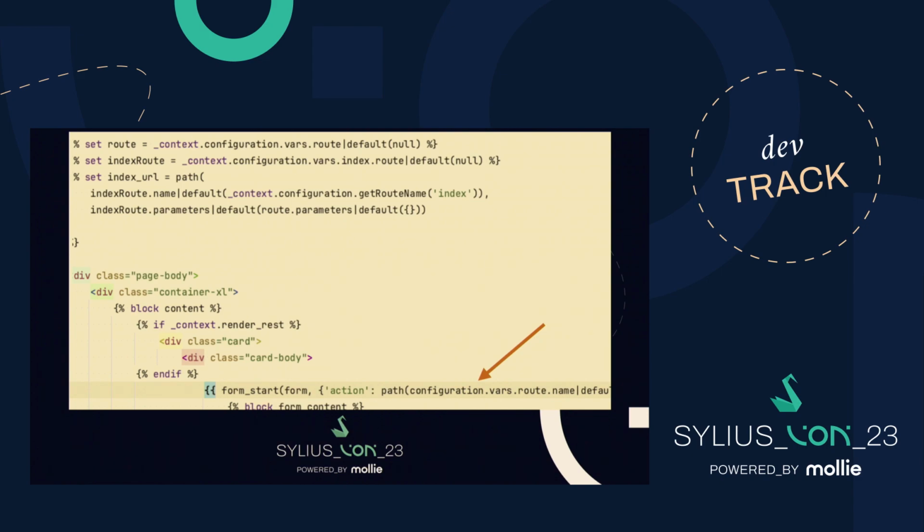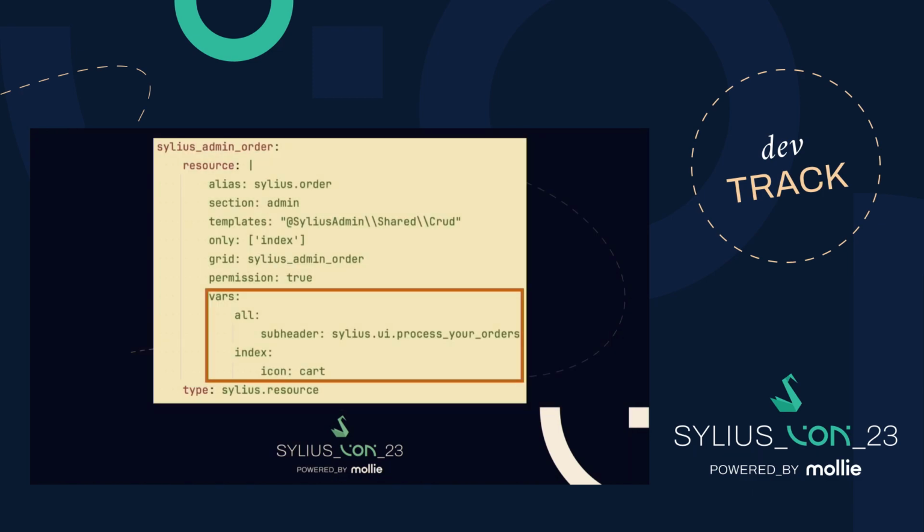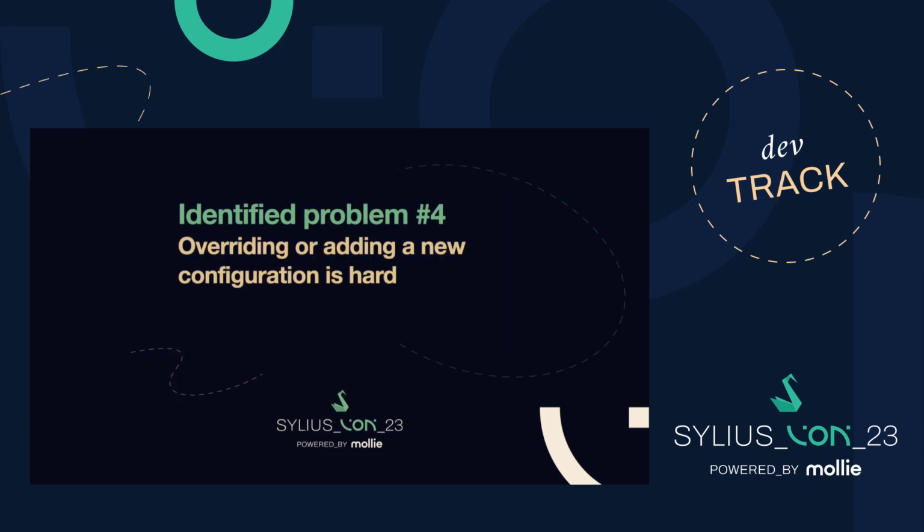And everything, it's not a related example, it's from another route. We do it by the vars keyword in the configuration, and we pass all this data like subheader, index icon. In the context of the previous template, it would be some route, etc. And it's not easy to do, like to add or remove something or change, you have to copy the whole route and change it.